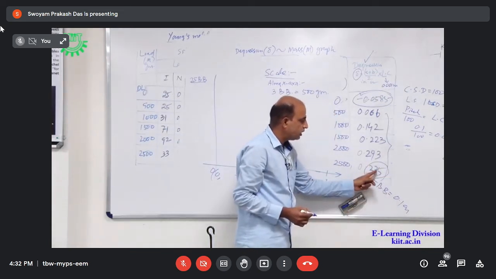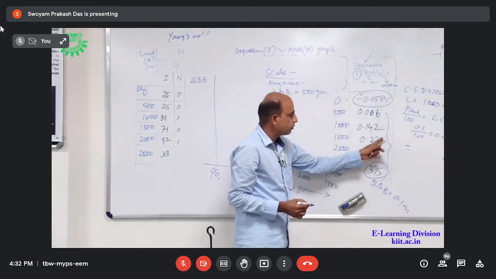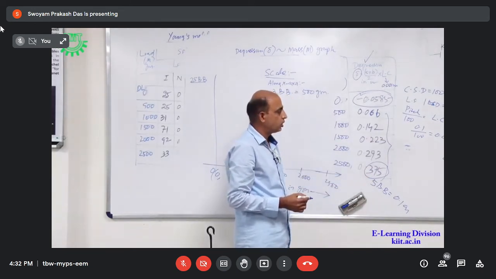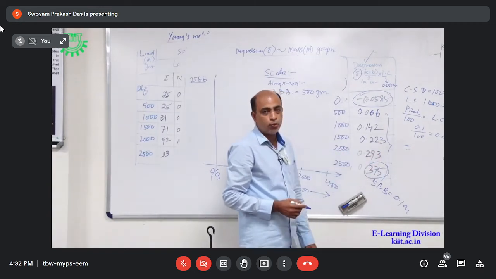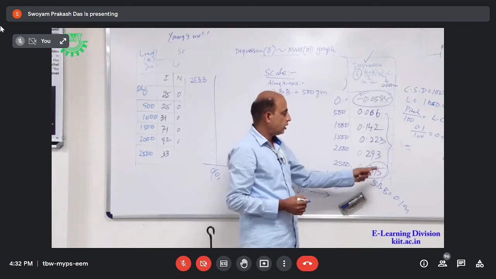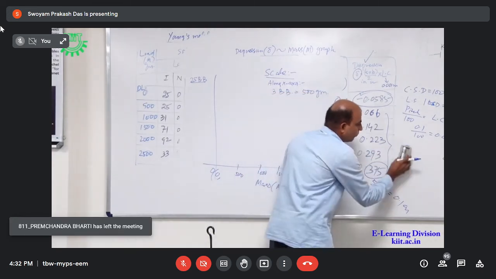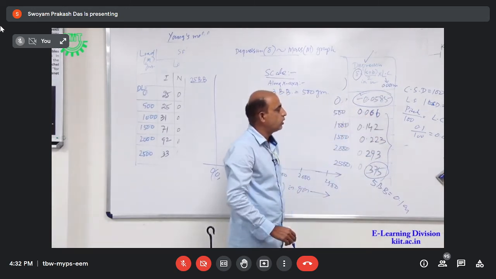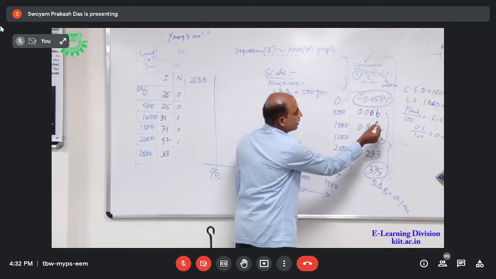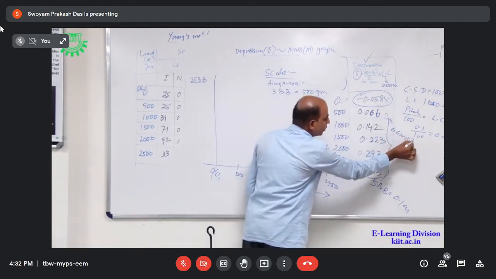This value is 0.375 and this is 0.293, so 3 decimal places are coming along the depression column. If we want to plot the whole value in the graph paper, it is preferable to take the decimal forward up to 2 places, so that it becomes 6.6 into 10 to the power minus 2.